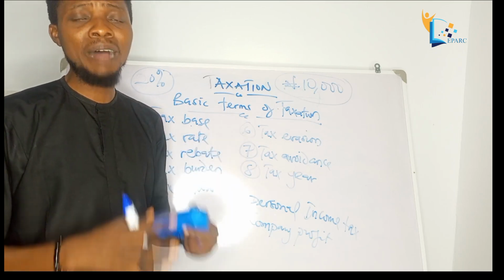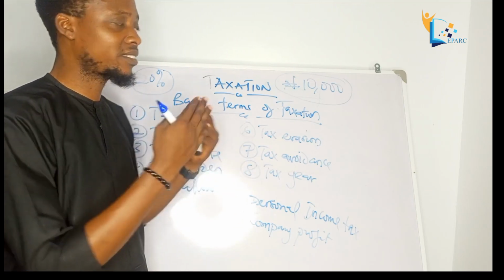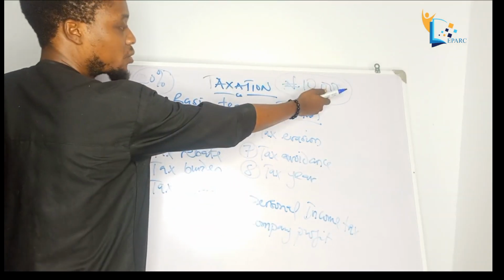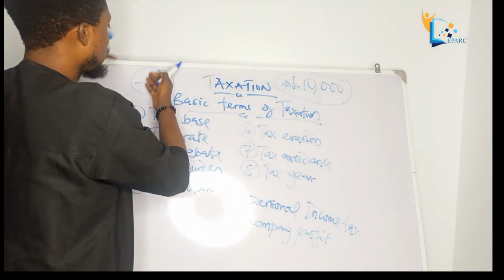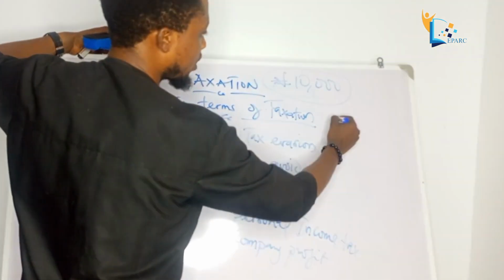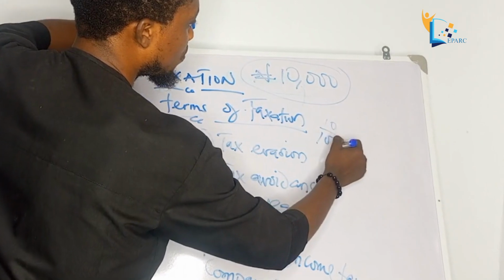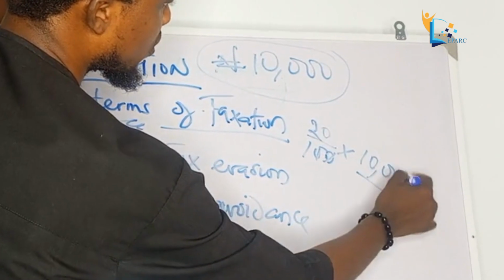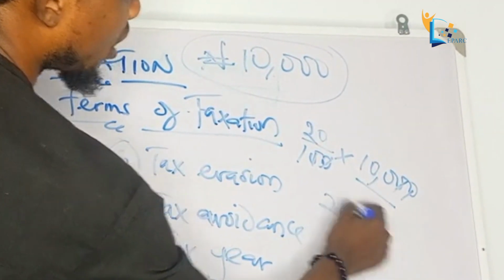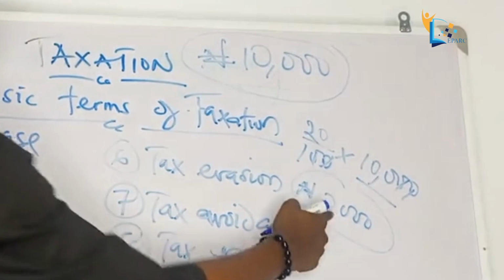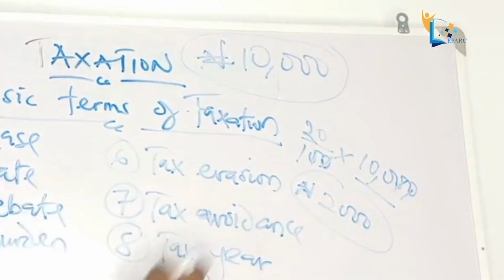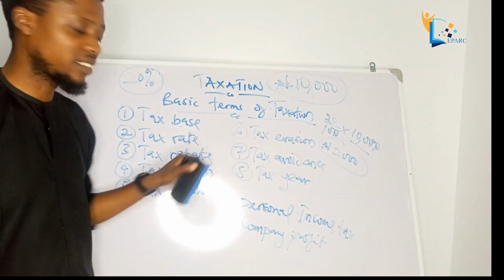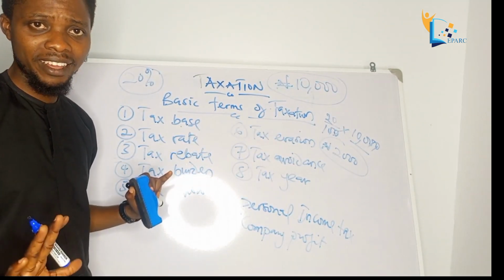For example, let's use our amount here and our rate here. 20% of 10,000 is 2,000 naira. So 2,000 naira is our tax burden. Is that clear? All right.